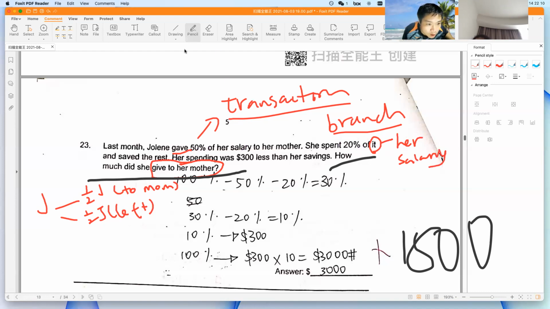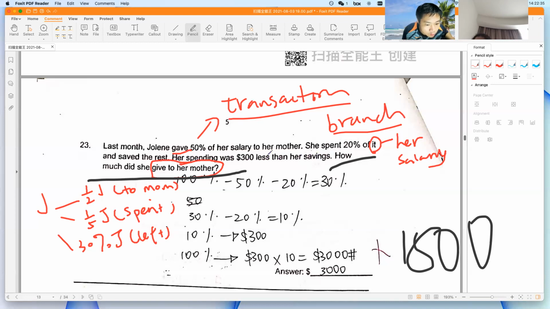So instead of writing this down, I still need to add one more branch. 20% is 1/5. So this is spent. Okay, so you have 50%, 20%. Of course, this is 30% left, right?